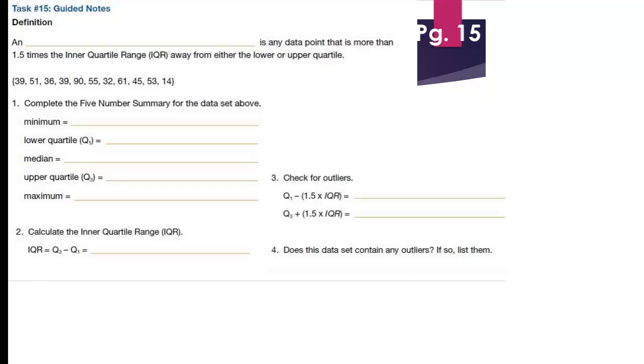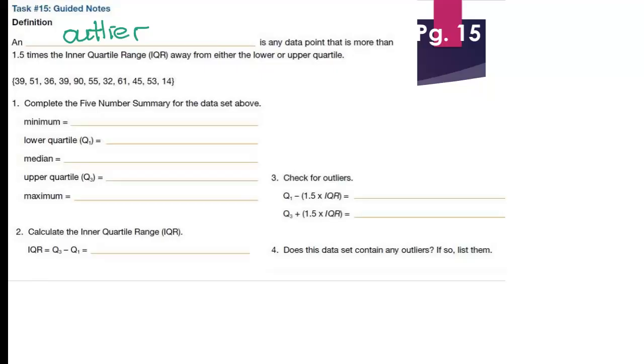Blank is any data point that is more than 1.5 times the interquartile range away from either the lower or upper quartile. Does anybody have an idea what that word might be? An outlier, yes. Outlier. Now, this is a very formal definition of outlier, okay?